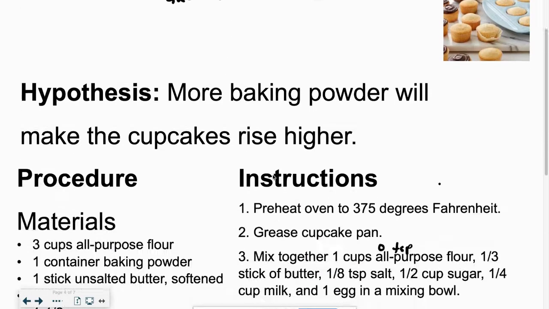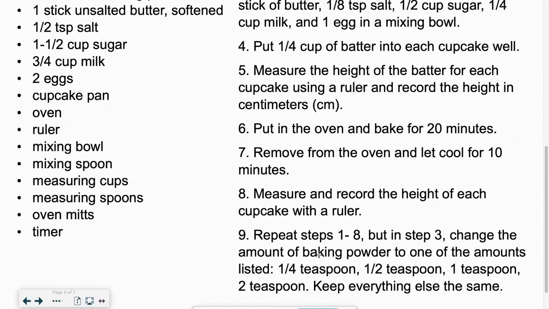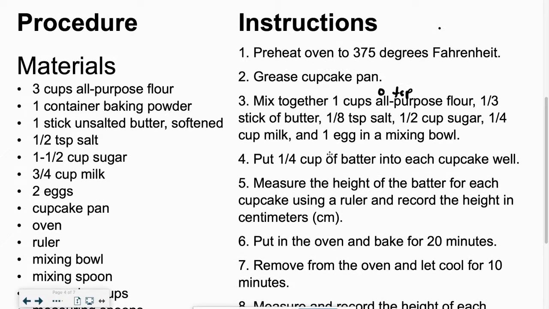I will go back to my instructions again. So there's my heights right there, recording the height. I've got these things listed for the baking powder. And I also want to work in here some trials. And I see that I don't have my trials in here. And maybe I want to put in here, instead of each, 5 cupcake wells, so that we're making 5 cupcakes.